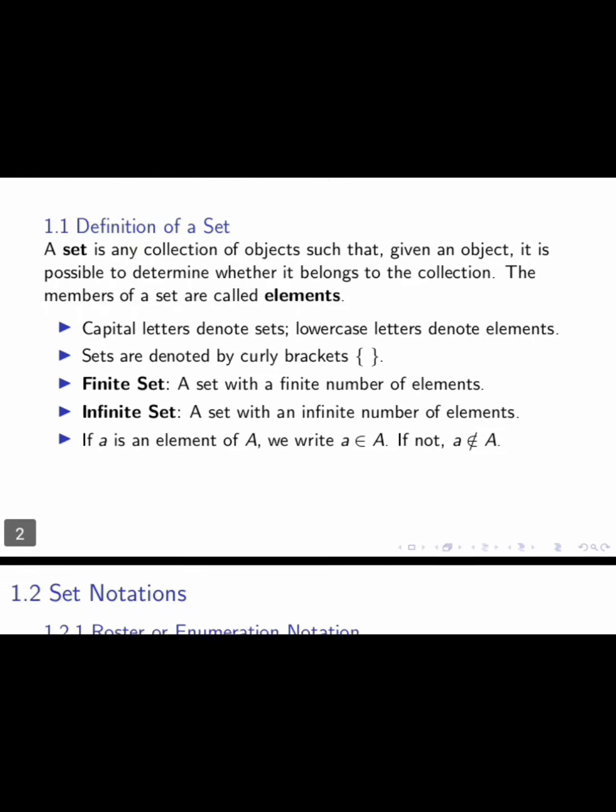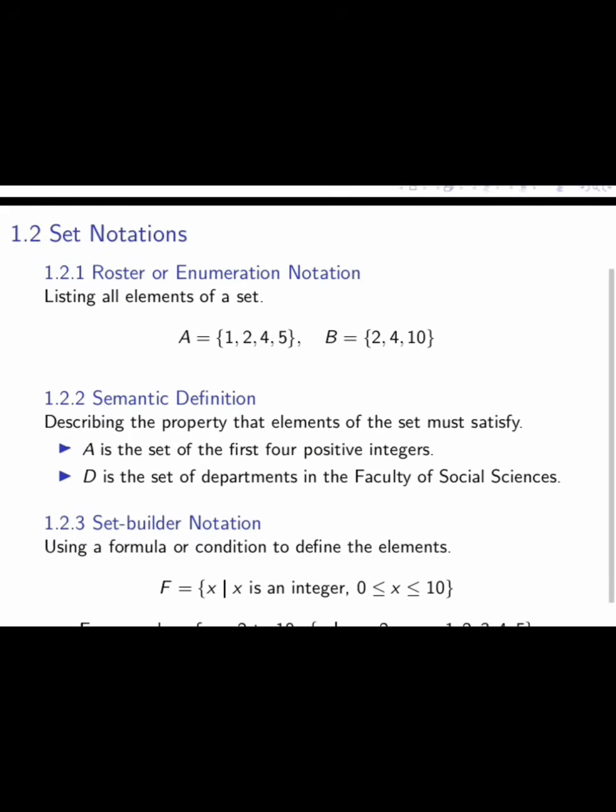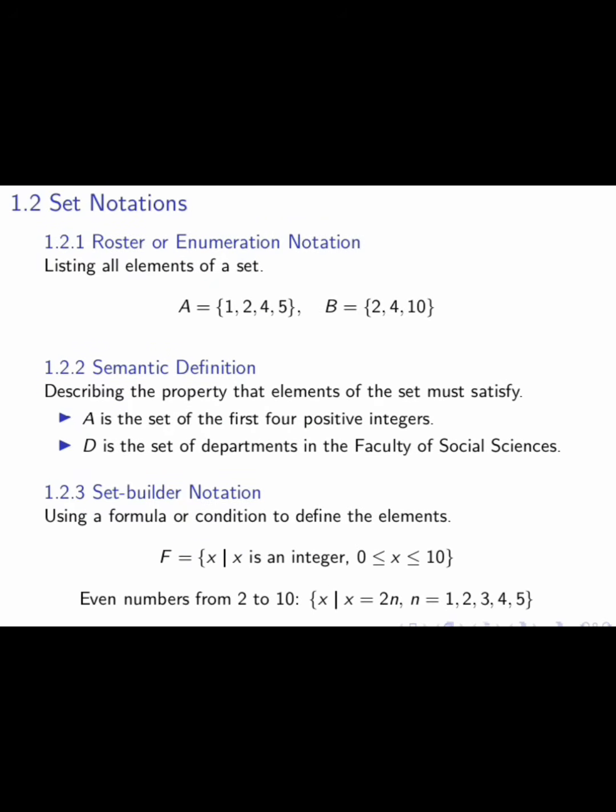Now moving on to set notations. When we say set notations, we simply mean the different ways by which we can represent a set. The first way we can represent a set is the roster or enumeration notation. The roster or enumeration notation is the listing. It means you are listing all of the elements.